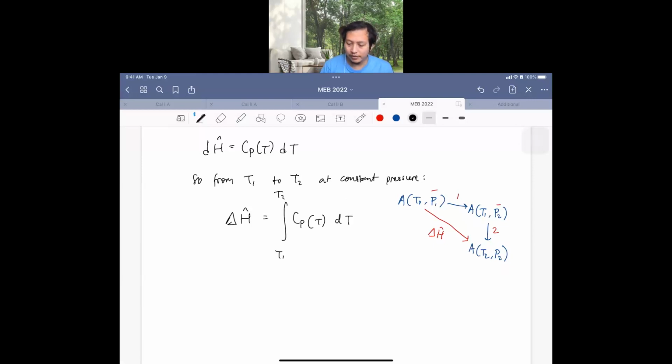Now, of course, the delta H for the first one, the delta H1, is 0 because of the ideal gas. And if we have a solid or liquid, this will be different.